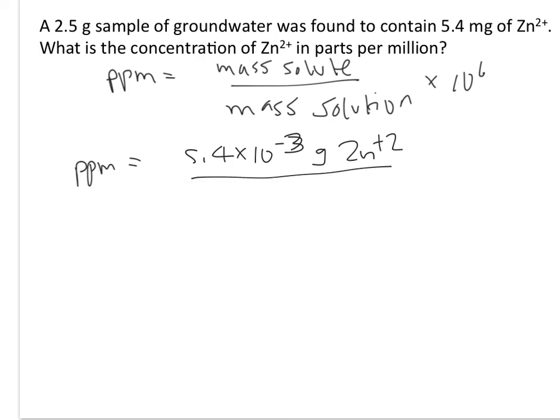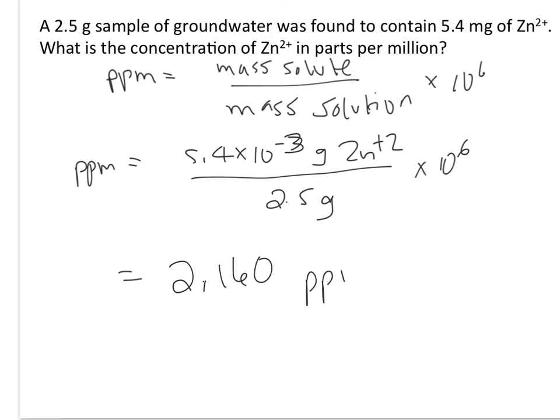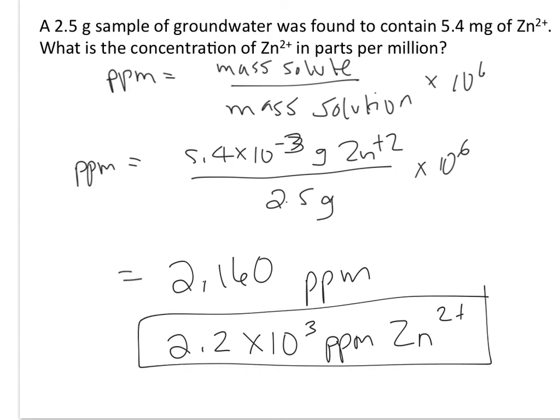I'm going to divide that by the mass of our solution and multiply it by 10 to the 6th. Plug that into your calculator, and that gives us 2,160 parts per million, or 2.2 times 10 to the 3rd parts per million of zinc 2+ ion.